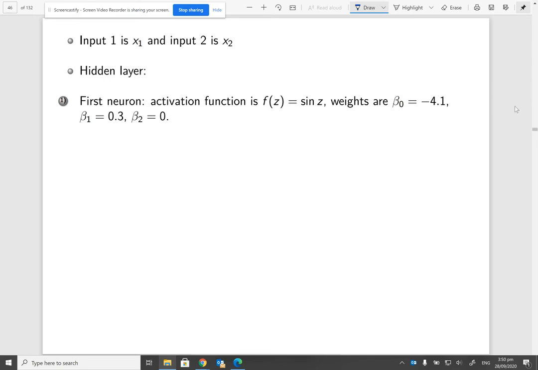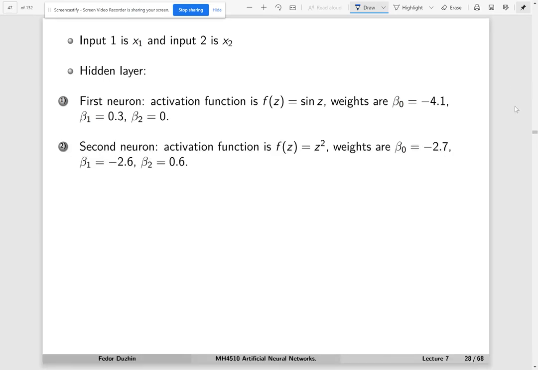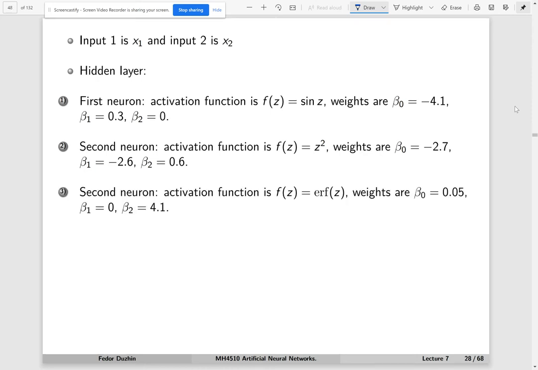Similarly for the second neuron, it has a different activation function, and again 3 weights. And sorry, this should be the third neuron. The activation function is the error function, and there is a different combination of weights.